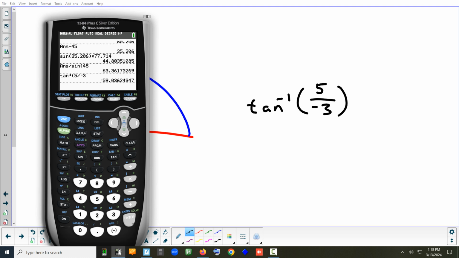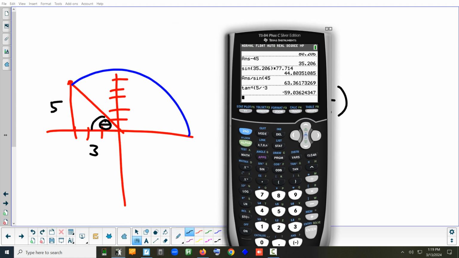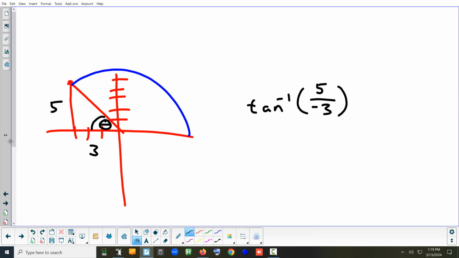Is that between 90 and 180? No. Where's -59? That's in quadrant 4. So using the formula we already had didn't quite give us the right answer. What it gave you is that answer right there.